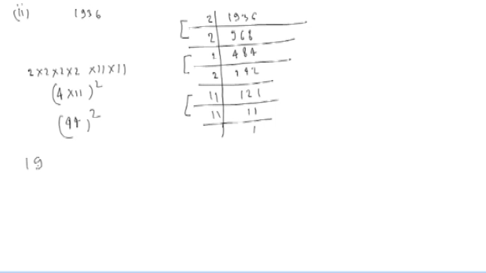So 1936 is the square of 44. So the root of 1936 will be 44. In this way find the square root of the other numbers.